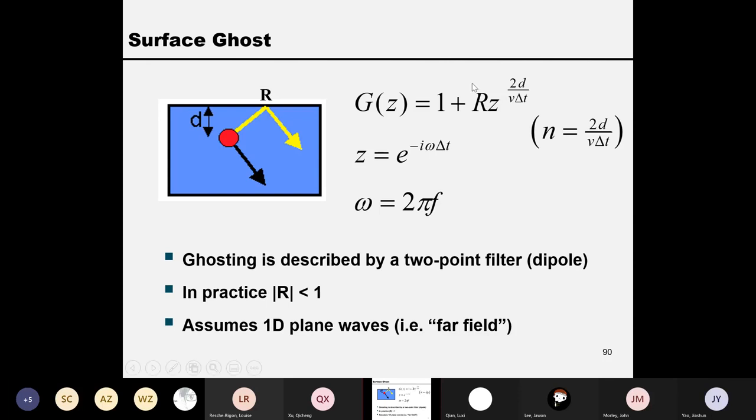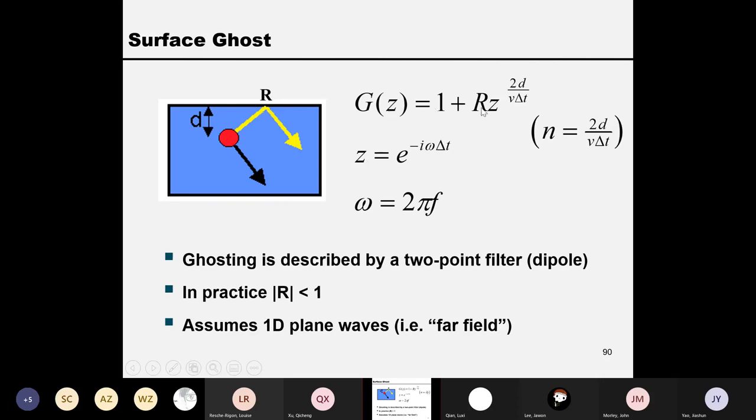So now for the ghost, we have two samples. One from here at time 0, let's say. You record here, we just call it time 0. Amplitude, we just assume 1, normalized to 1. And then this is where it goes up, down. The reflector here is -1, remember?